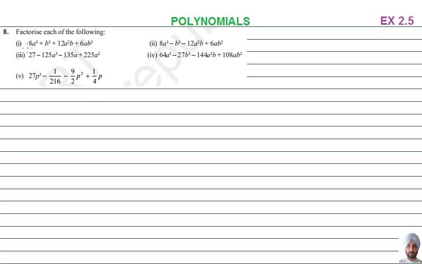Next, I can see a cube in the first 2 terms, and the next 2 terms also have a power of 3. 2 on A, 1 on B, 2 plus 1 is 3. Similarly, 1 on A, 2 on B, then 1 plus 2 is again 3. So in all the cases, I have a power of 3 except this 5th one.